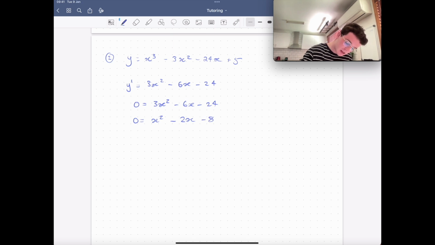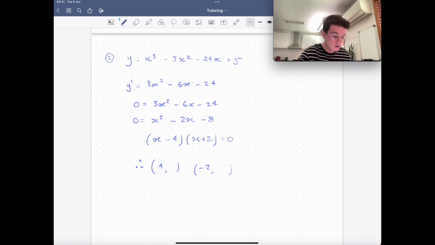That factorizes to give x minus 4, x plus 2 is equal to 0. Therefore, my stationary points are at x equals 4 and x equals minus 2. Those are my solutions to the first derivative.